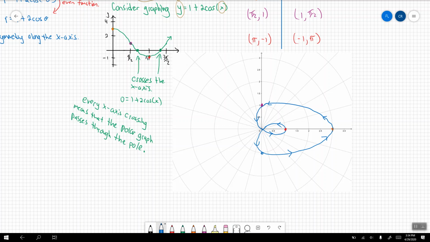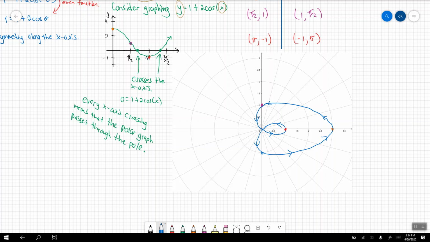All right. So this is, again, another method to graph these polar graphs. Typically, I like to use this method a little bit more versus the other method where we're just picking points. I find this method to be a whole lot faster.